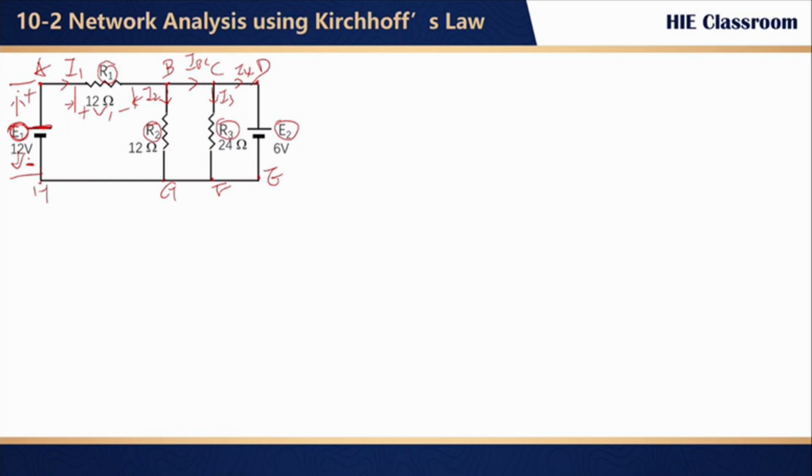Same deal with R2: I2 will flow from positive to negative. R3 will follow the same pattern, positive up and negative down, because the current goes this way. Finally, E2 has its positive end at the top, so it has positive up and negative down here.